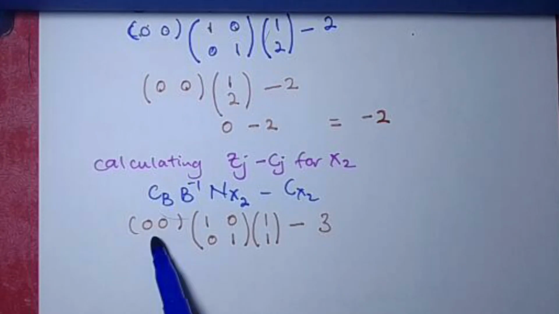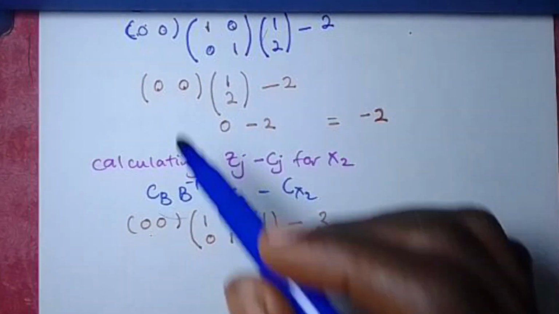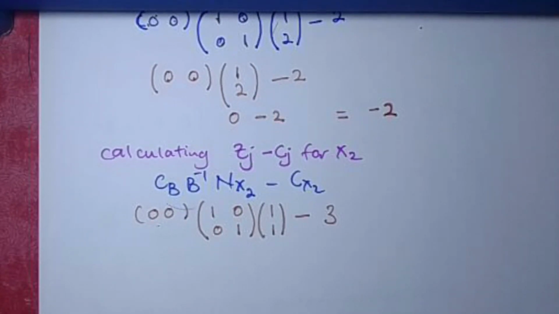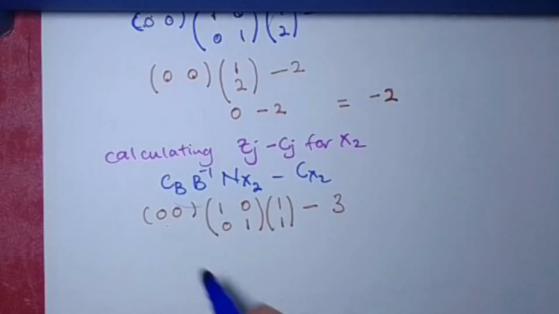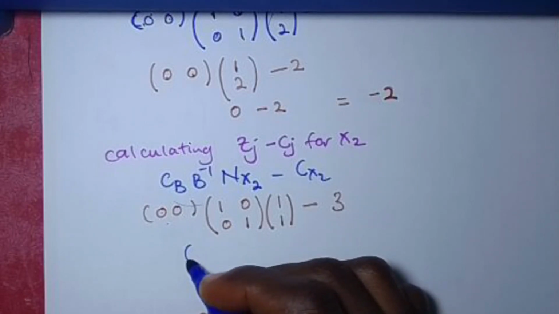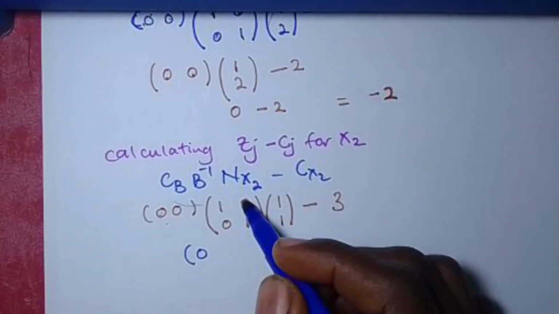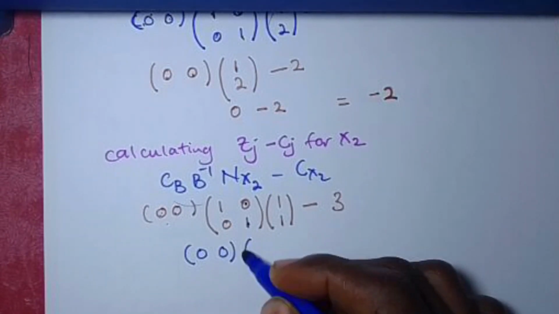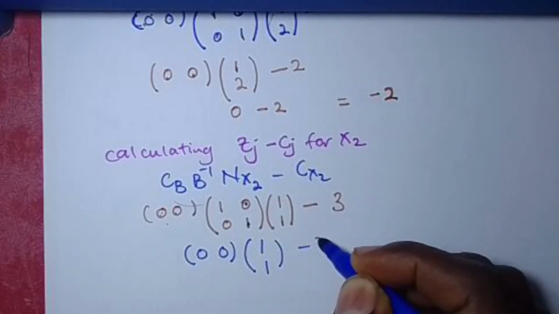Remember, when you multiply 0, 0 by this set here, from what we had got already, 0 times 0, 0 times 1 is a 0, plus 0 times 0, which gives us a 0. 0 times 0 is 0, plus 0 times that, which is also a 0, multiplied by 1, 1, minus 3.